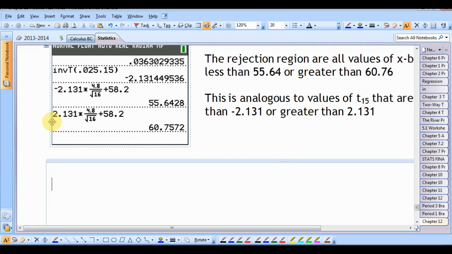Okay, what do we have next? We have the test statistic.